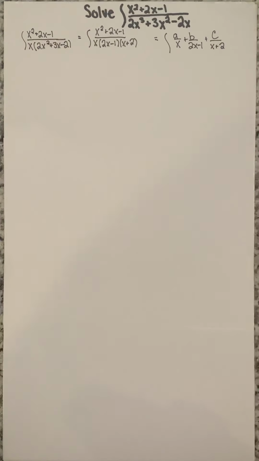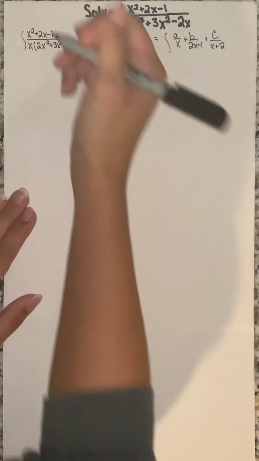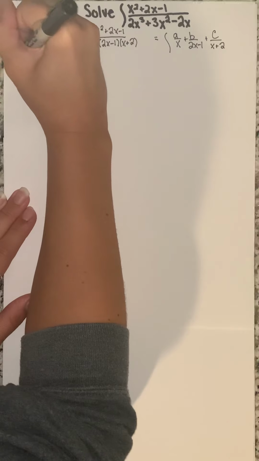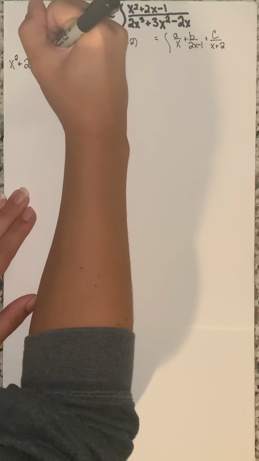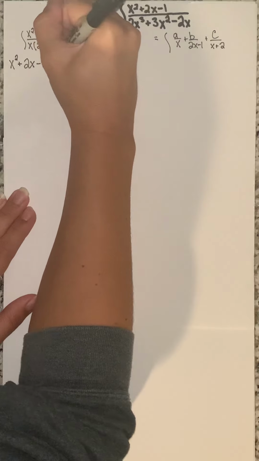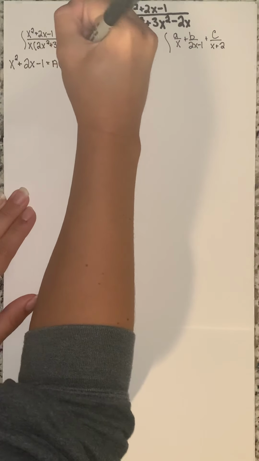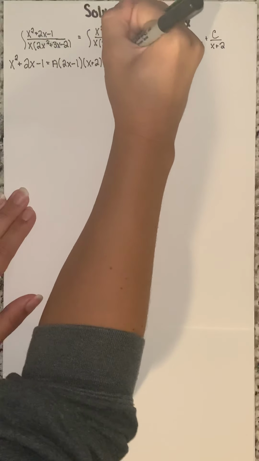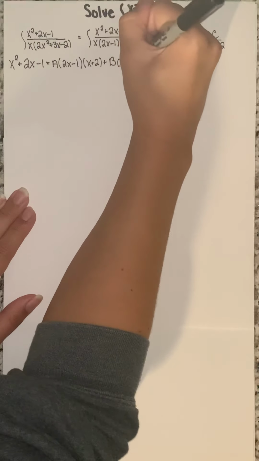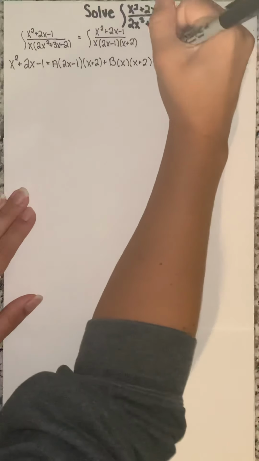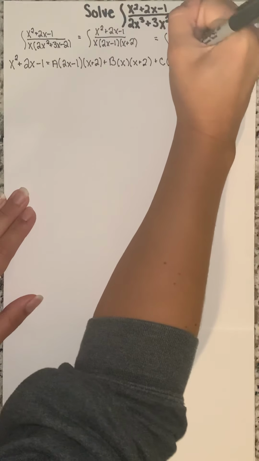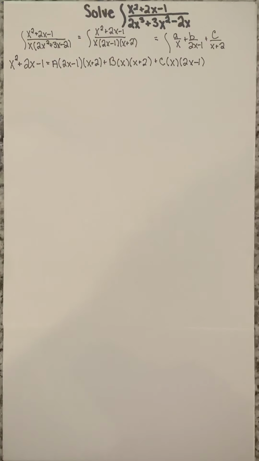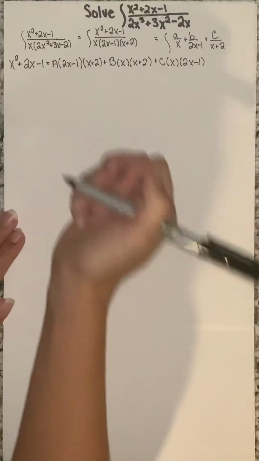Now we want to multiply both sides by the greatest common denominator. We're going to leave the left side alone and apply the distributive property.